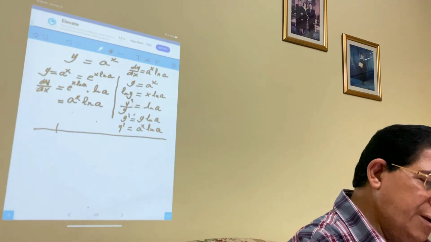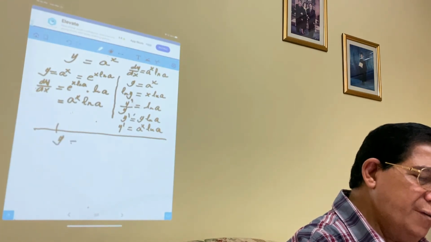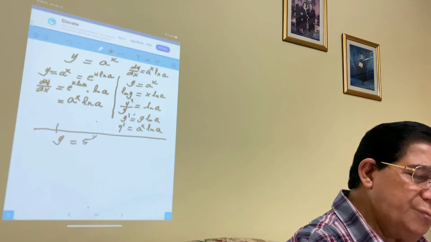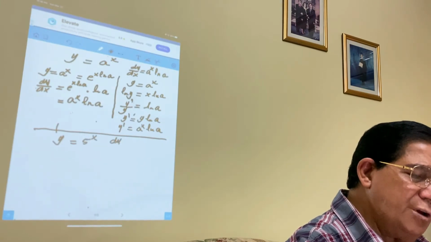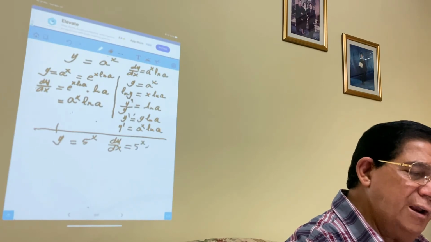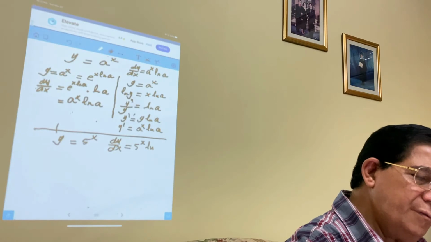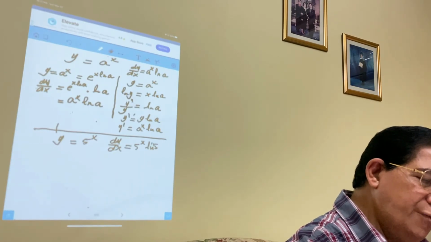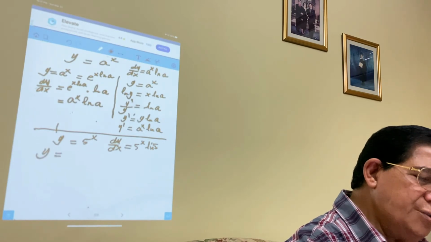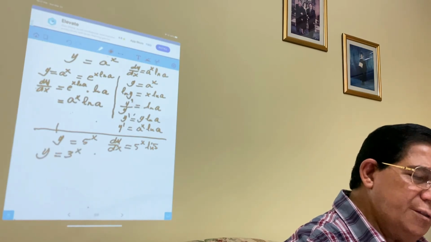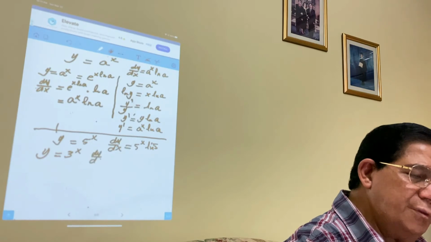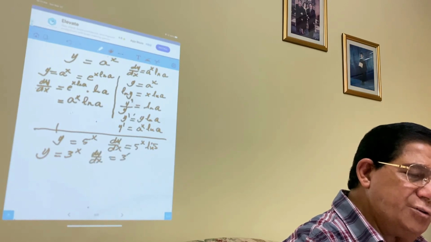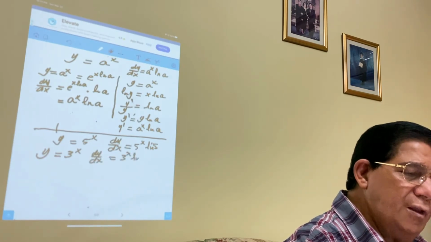Therefore, if y equal 5 power x, dy by dx equal 5 power x ln 5. If y equal 3 power x, dy by dx equal 3 power x ln 3, and so on.